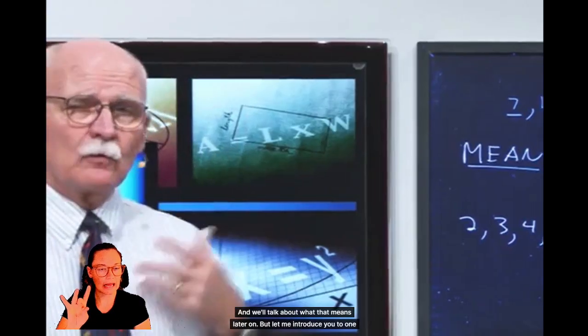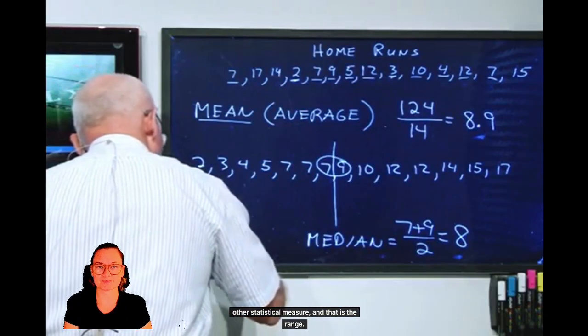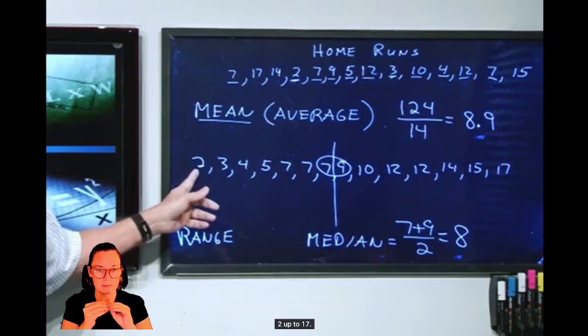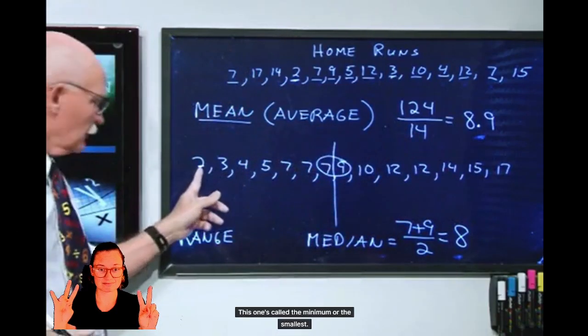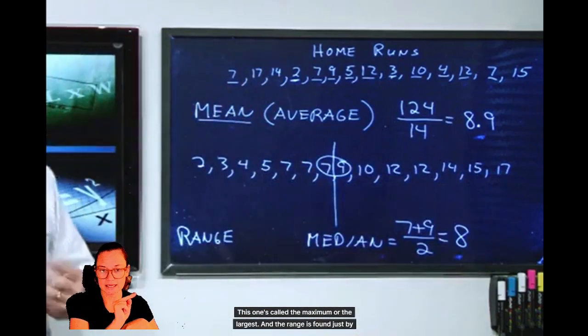But let me introduce you to one other statistical measure, and that is the range. We have a range of numbers. It goes all the way from 2 up to 17. This one's called the minimum, or the smallest. This one's called the maximum, or the largest.